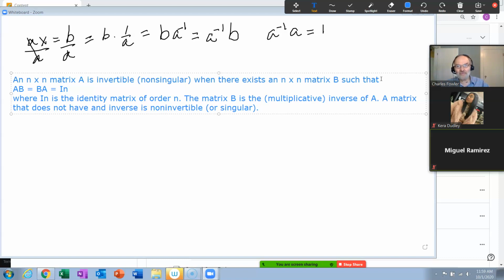Identity matrices are always square. That matrix B is the multiplicative inverse of A. Most of the time we'll just say the inverse of A. A matrix that does not have an inverse is called non-invertible, that makes sense, or the other word, singular. Does not have an inverse.